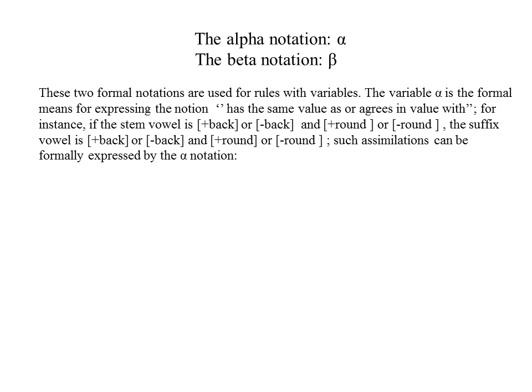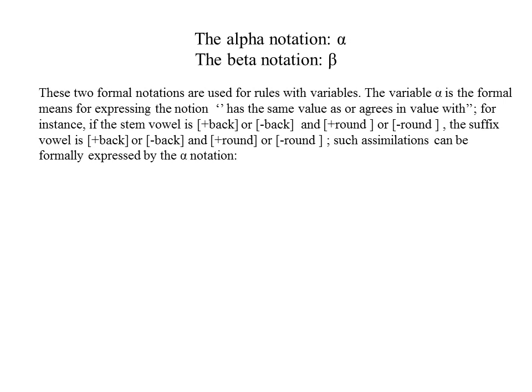So the variable alpha is the formal means for expressing the notion has the same value as or agrees in value with. For example, we have the two features back and round.